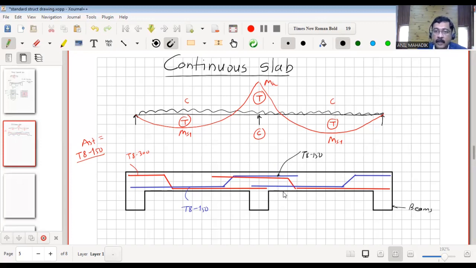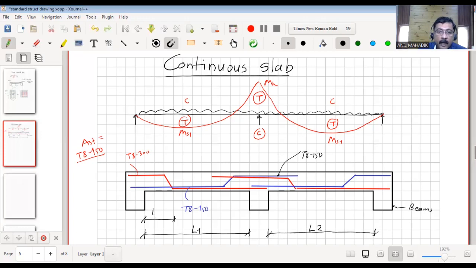So these are the details, and now we should know what is the location of this bent up. As this is an end support and a simply supported end, assume this span as L1 for this slab and L2 for this slab.